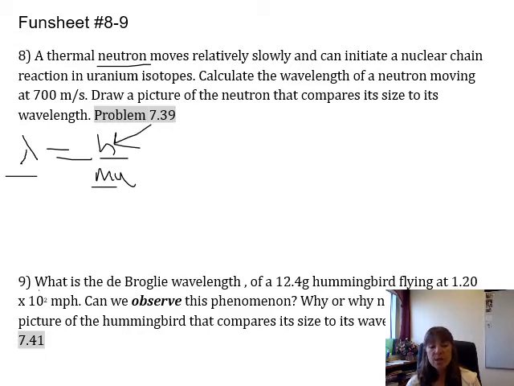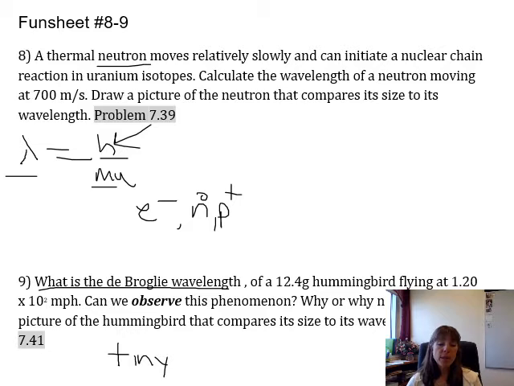You can do the same thing with the hummingbird. You should notice when you do this calculation that the hummingbird's wavelength is going to be very tiny compared to the wavelength of a subatomic particle like an electron, a neutron, or a proton. That's kind of weird, but not really, because when you look at the formula, mass and speed are in there.